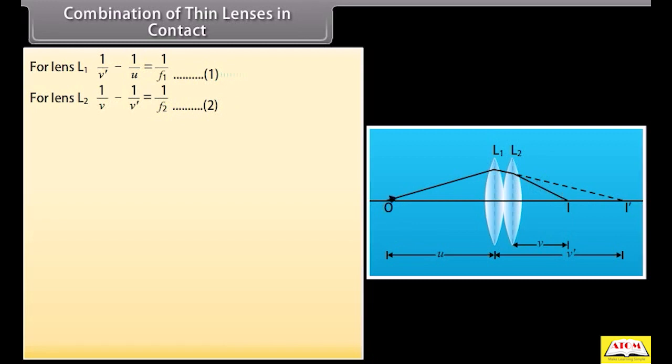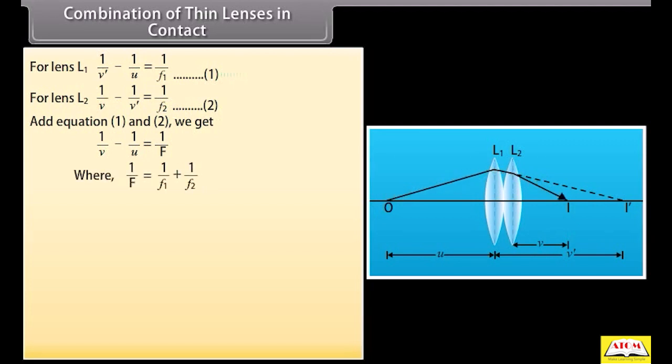For lens 2, 1/v minus 1/v' is equal to 1/f2. Name it equation 2. Add equations 1 and 2 and we get 1/v minus 1/u is equal to 1/f, where 1/f is equal to 1/f1 plus 1/f2.